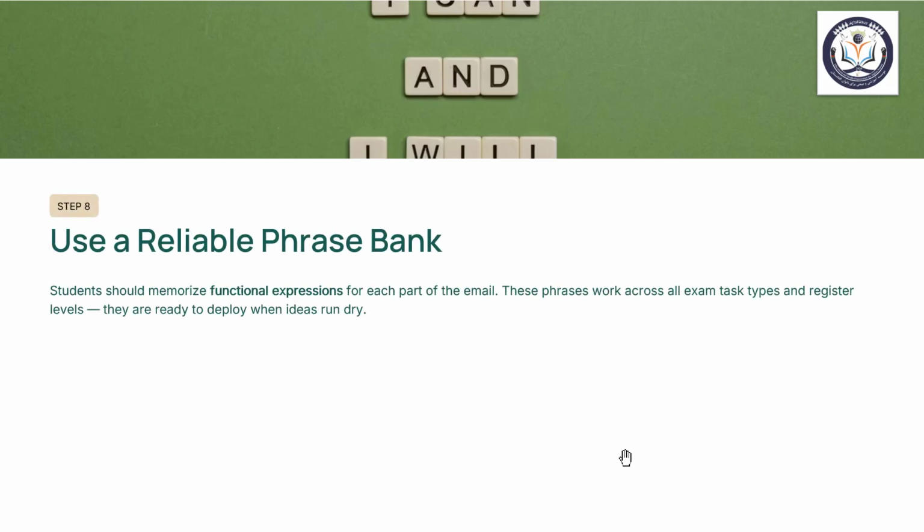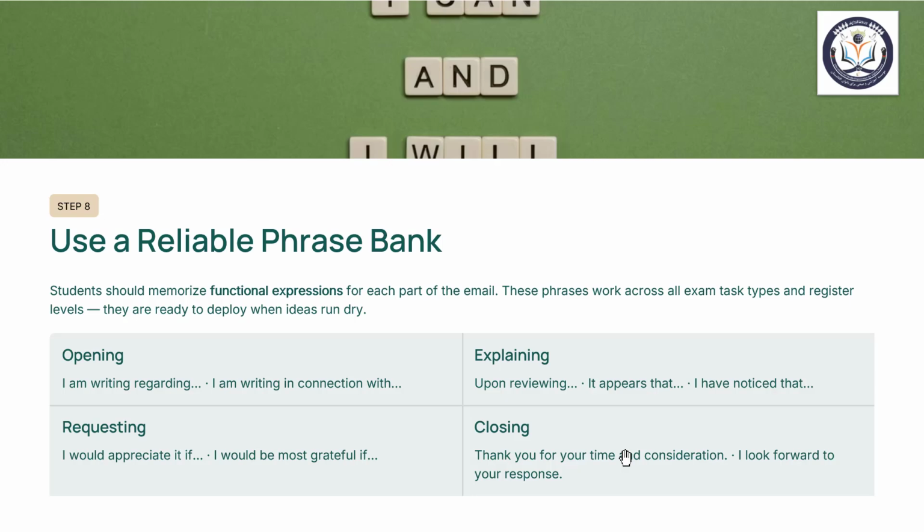Now, the next thing is when we are using that method to outline, we need specific functional expressions to write. We need a specific word bank or phrase bank to clearly state our purpose, to clearly state our explanation, and the other sections needed in writing a response. So there are common word banks and phrase banks that we can use for writing.